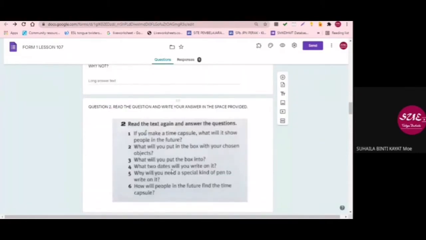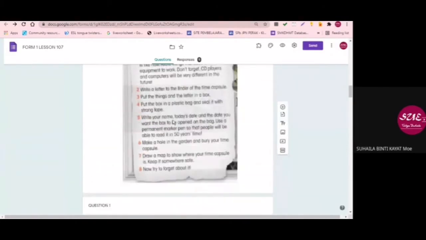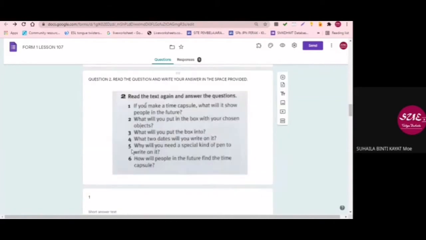Okay, number 4. What 2 dates will you write on it? Okay, apakah 2 tarikh yang perlu awak isi? Okay, look at the word dates. Okay, today's date, did you want the box to be open? Okay, next question. Why will you need a special kind of pen to write on it?